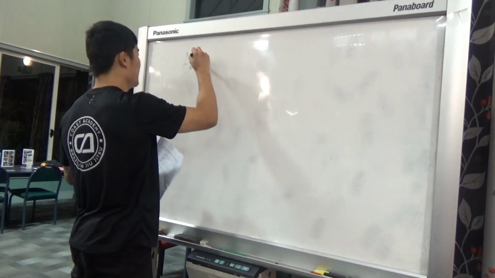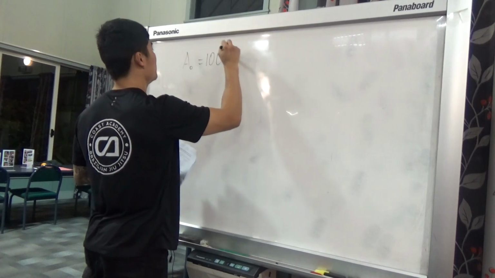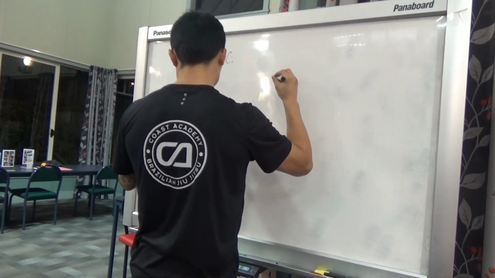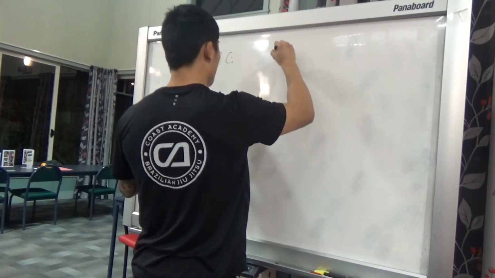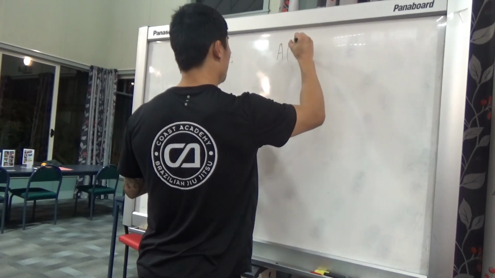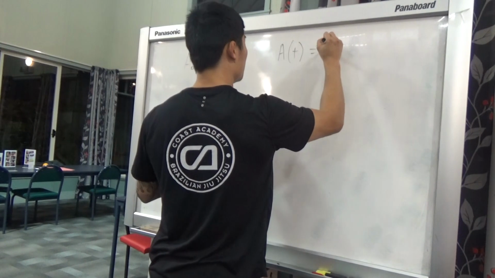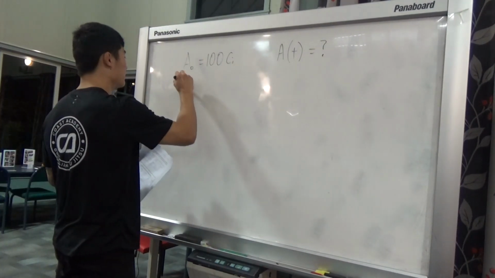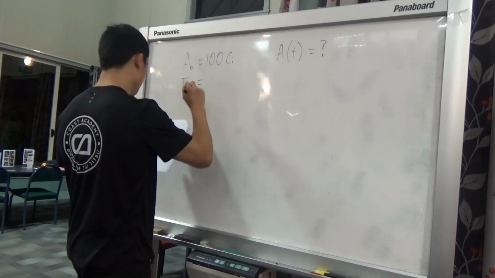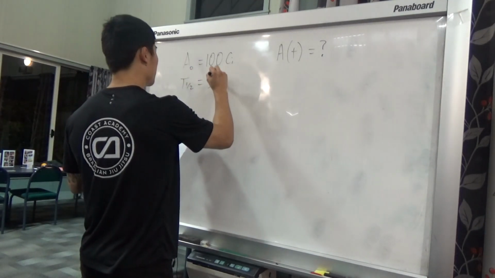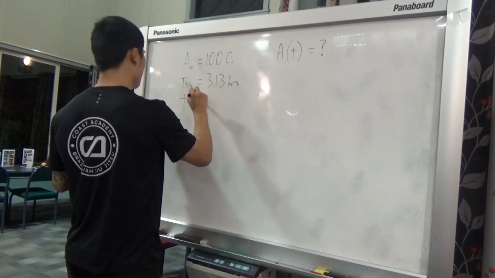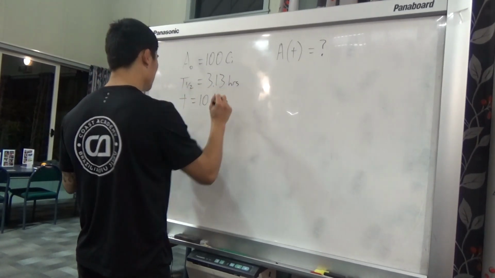So initial activity was 100 curies, and we want to find the activity at time t. The half-life is equal to 3.13 hours, and the time is equal to 10 hours.